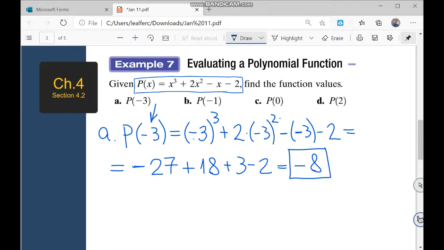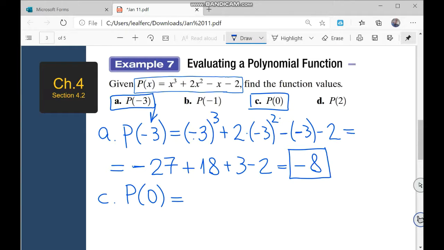One, we worked letter A. Now let's work an easy one, letter C. P of 0. You have to make x equals 0 and substitute into the function.